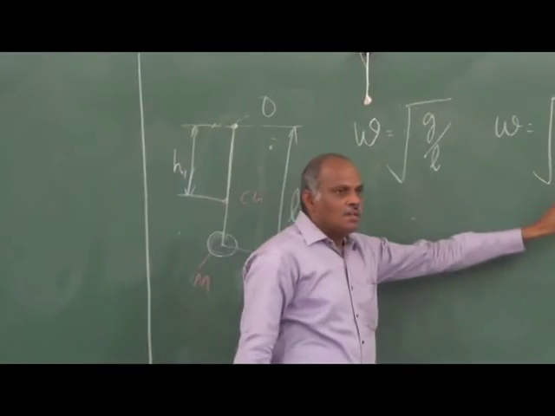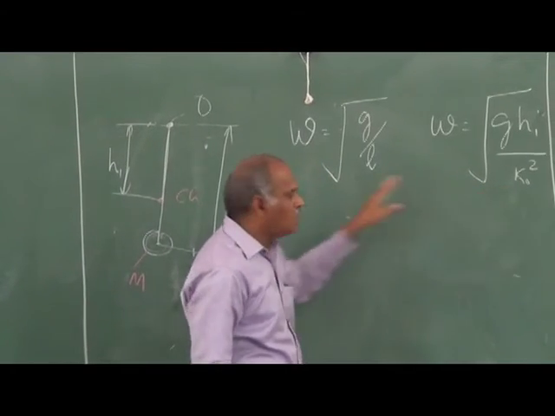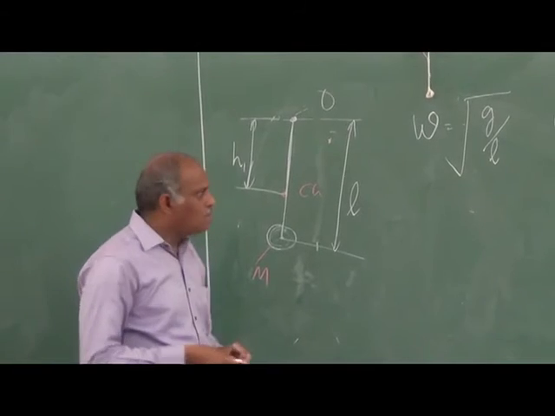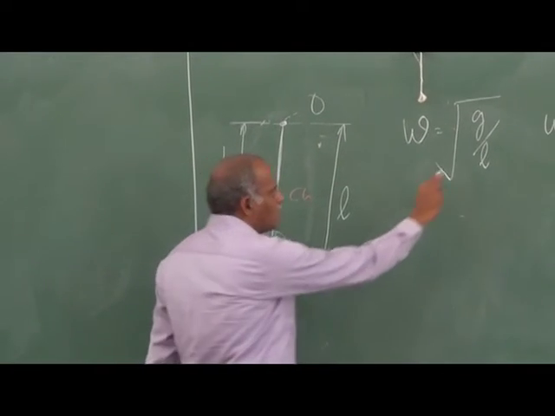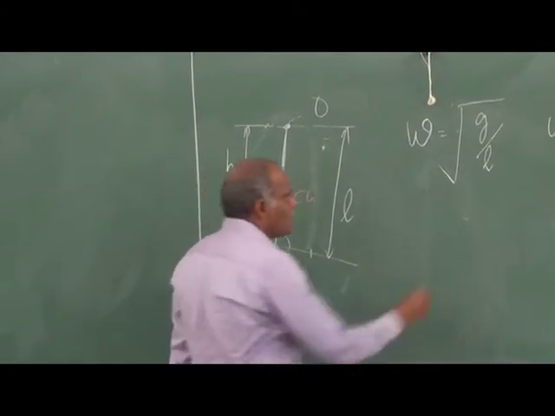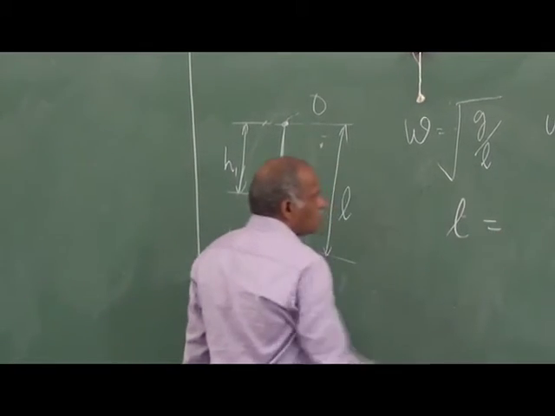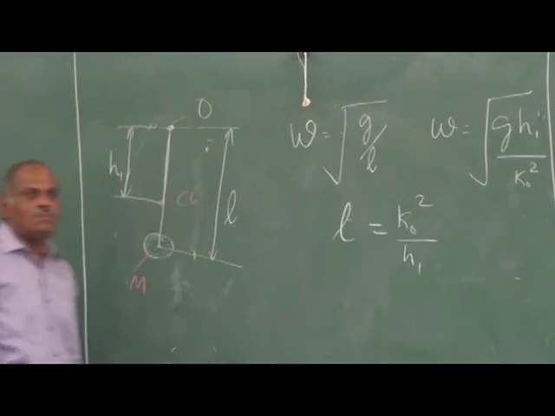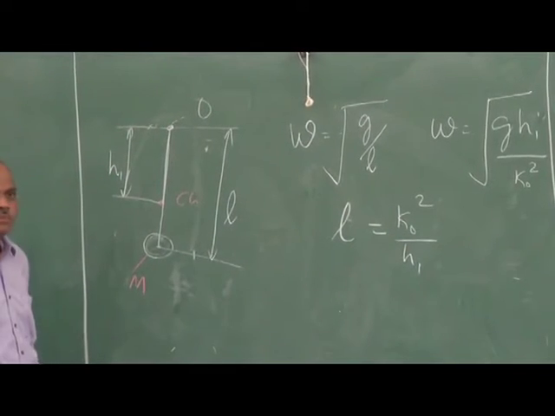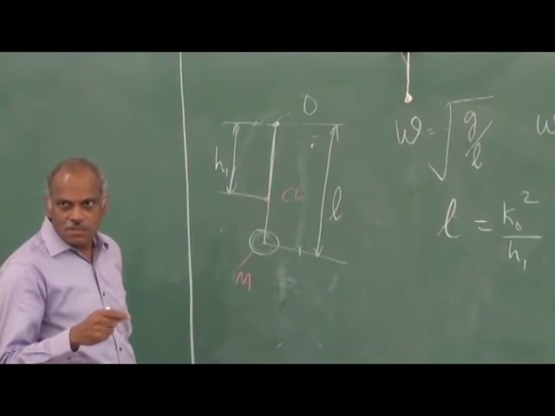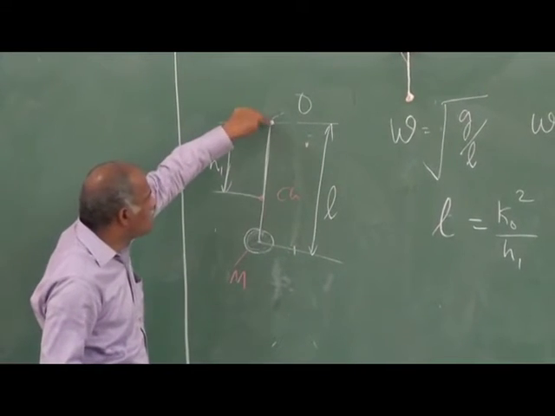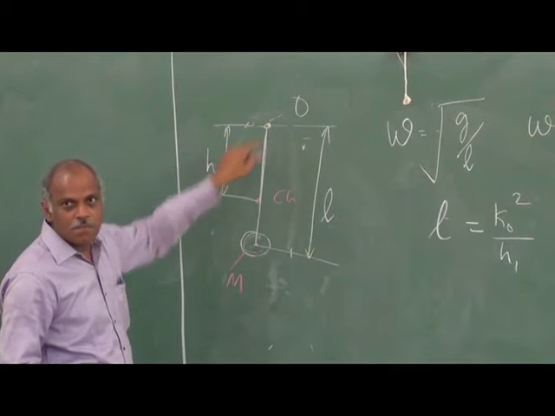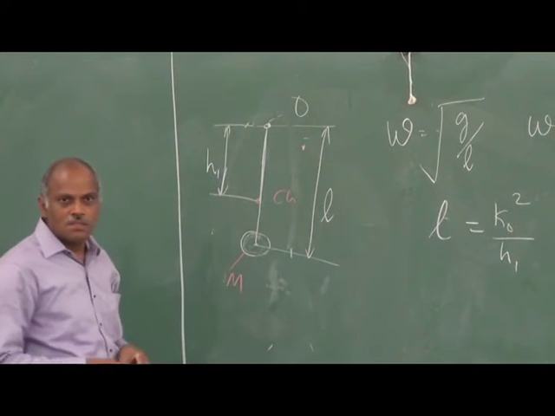This is the frequency equation of a compound pendulum, and this is the frequency equation of a simple pendulum. Now if I want to build a simple pendulum which will have the same period of oscillation, L should be equal to K0 square by H1. But this K is the radius of gyration when you take this as your center of rotation, so this is about this particular point.